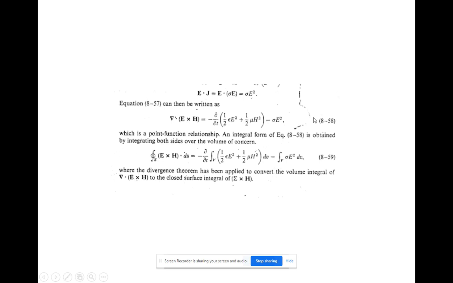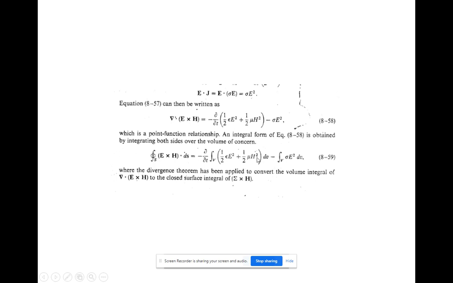An integral form of this equation will be obtained by integrating on both sides, taking the surface and volume integrals: the surface integral of E cross H dot dS on the left, and a volume integral for the right-hand side.